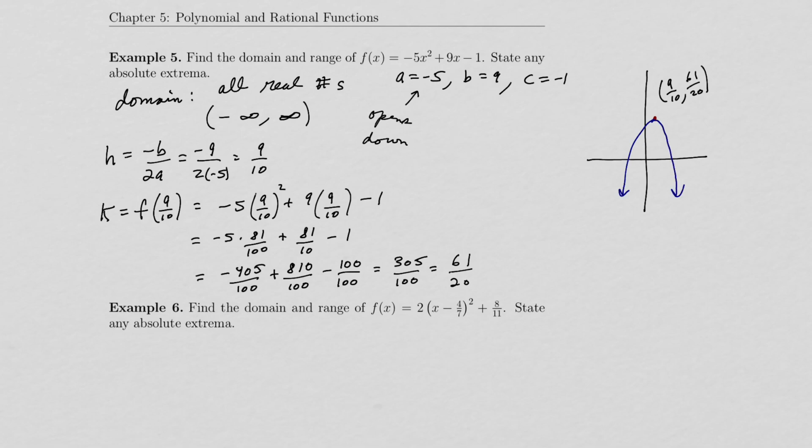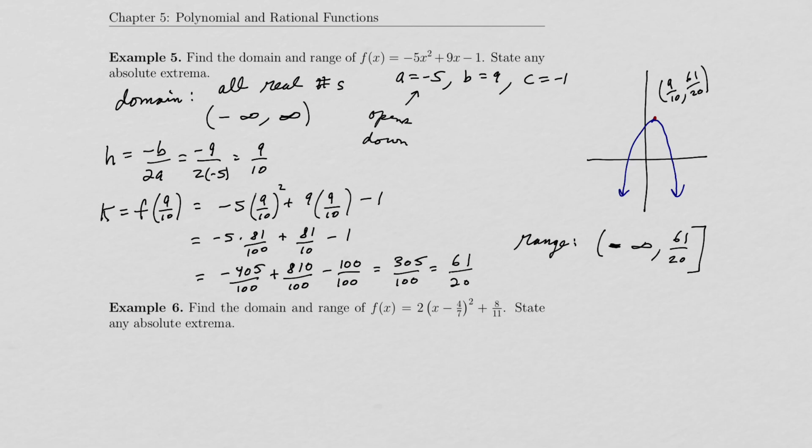Okay, so that means that the range, remember the domain is all real numbers. Now the range is going to be from negative infinity, right? Because it opens downward, so that's the smallest value is like negative infinity. It's not even a value, right? It's just saying it goes forever downward. Up to k, but k was 61/20, right? Including k. So that would be the range.